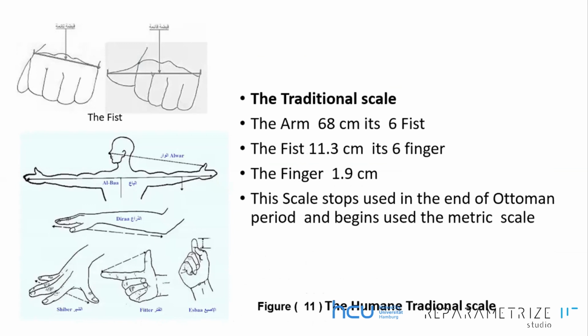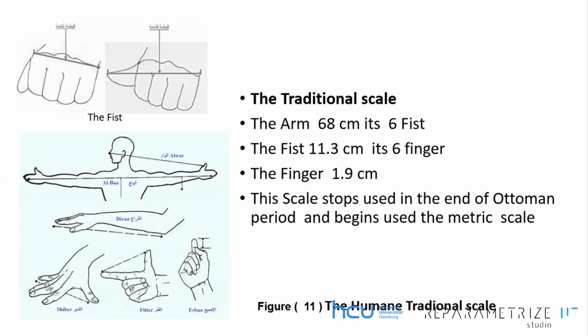Before, we used the traditional scale. The traditional scale has two parts. One is the arm. It is about 68 centimeters, and it consists of 6 fists, and the fist is 11.3 centimeters, and the fist consists of 6 fingers.